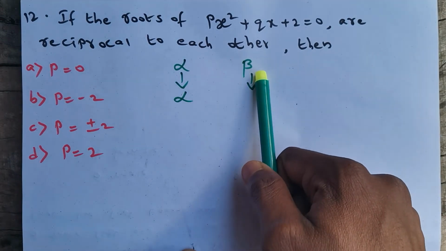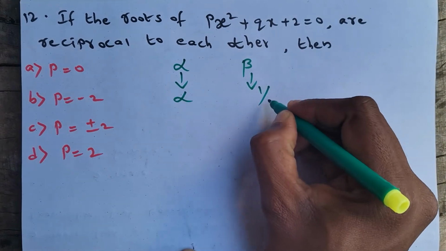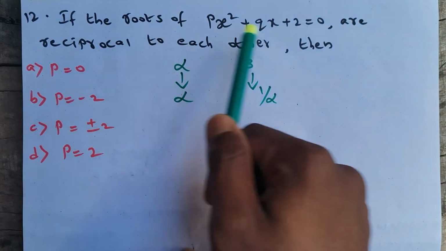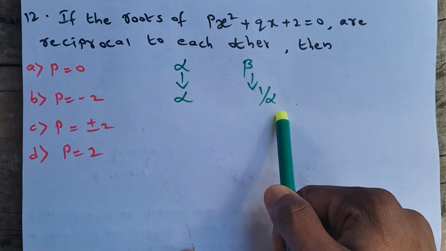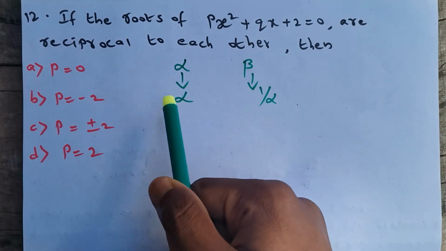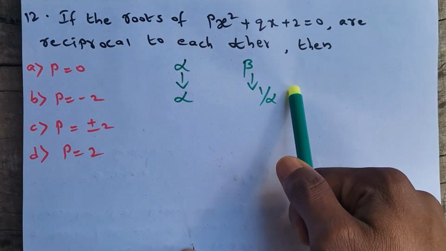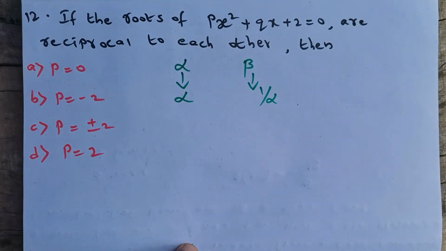This beta is the reciprocal of this alpha, so 1 by alpha. In case this is beta, this will become 1 by beta. You can take any, no problem, same.